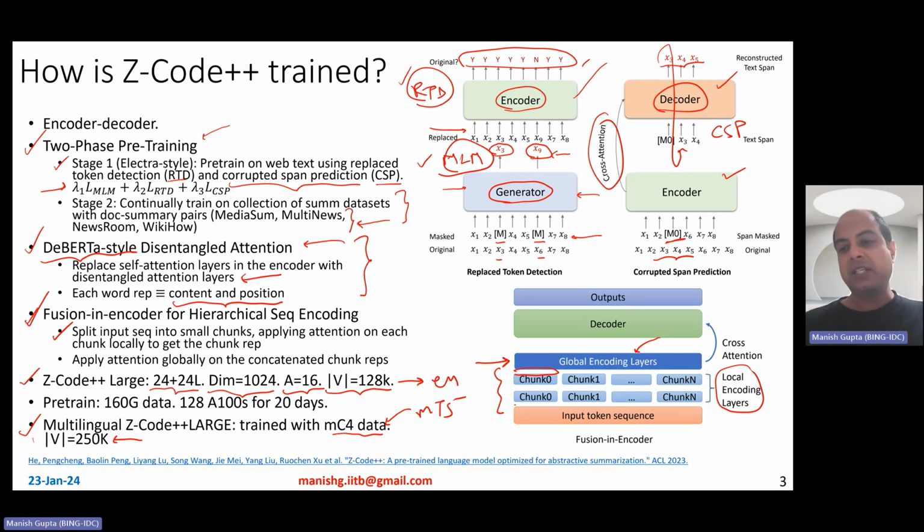So in some ways, by dividing the input into chunks, you're trying to handle the long sequence input by splitting it into parts and then doing attention locally and then combining it to finally do a global attention across chunks. Okay. So overall, Zcode++ was pre-trained using 160 GB data, 128 A100s for 20 days.